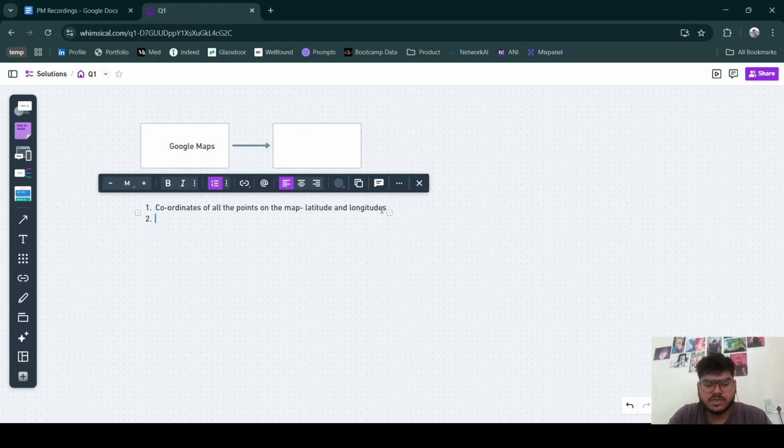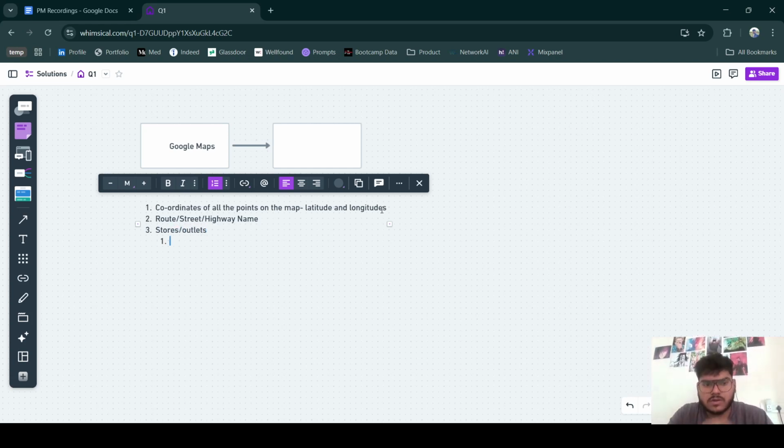Second, there are multiple routes, so all the travelable routes have route information: each route, street, and highway name. The third thing is all the stores, outlets, and their information.